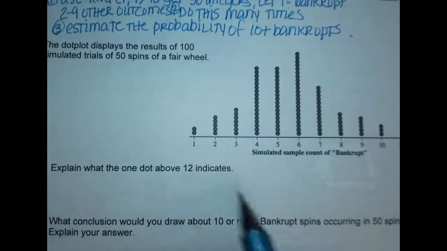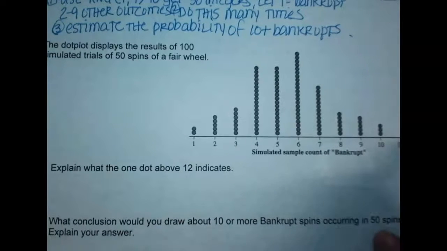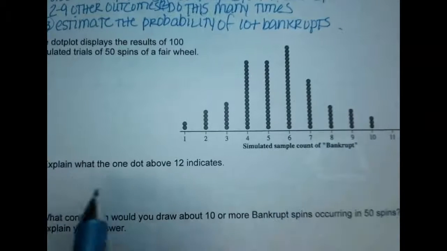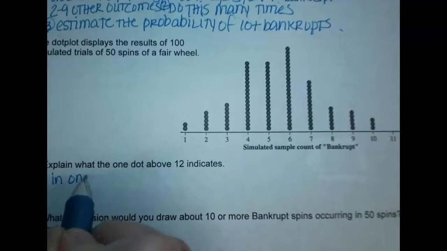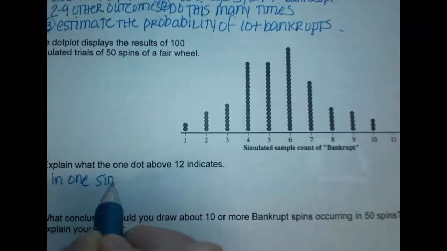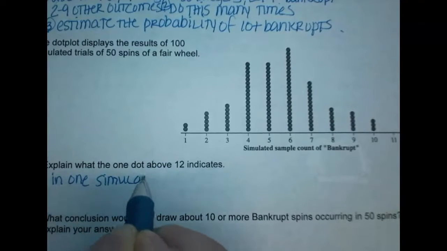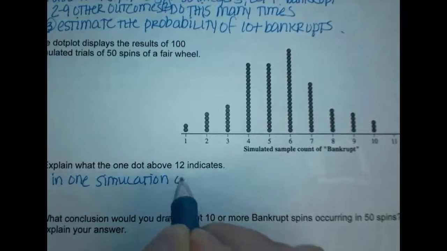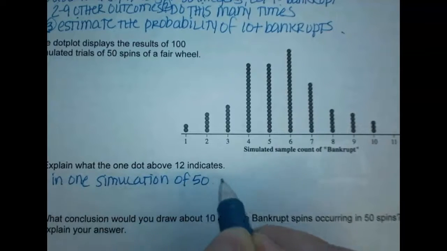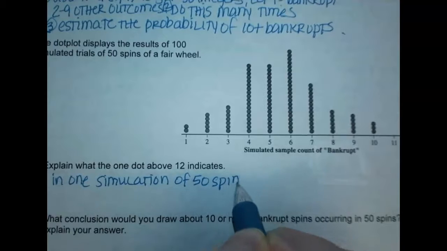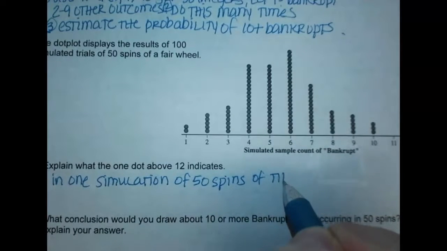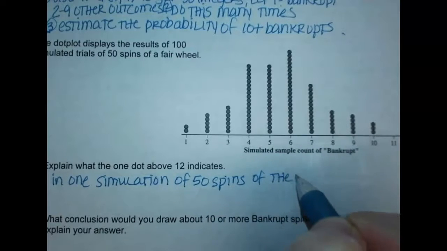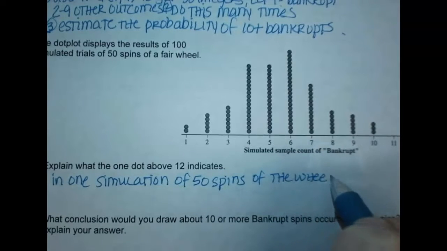So this one wants to know above the 12. So the dot above the 12 out here is in one simulation, and the simulation was of 50 spins of the wheel, there were 12 bankrupts.